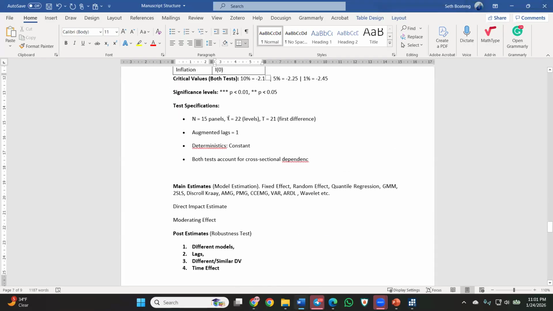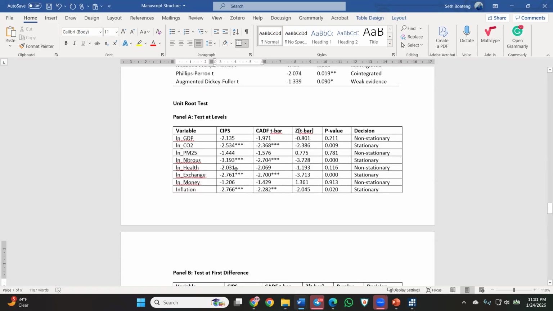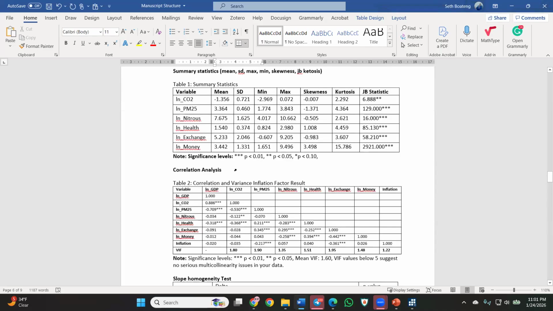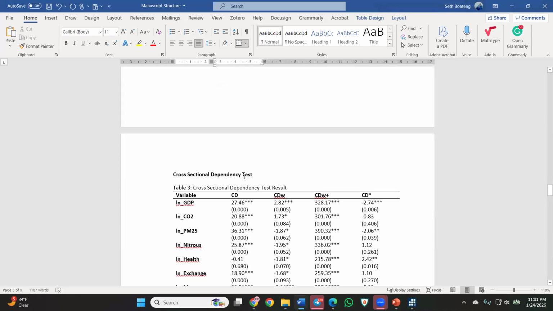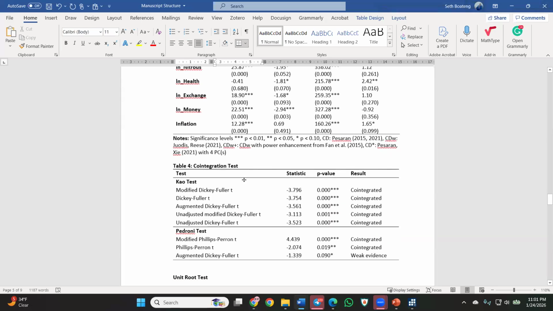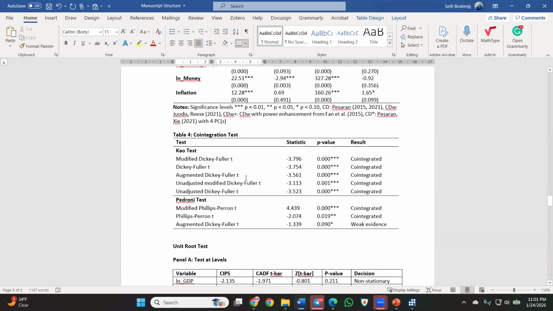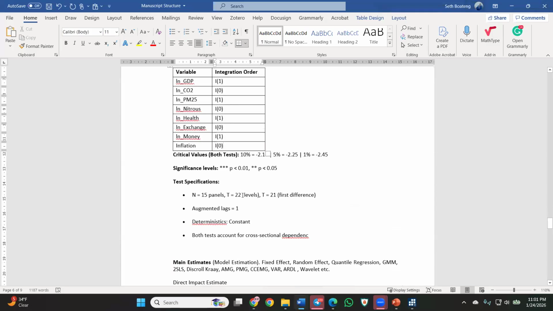So all these influence the choice of model. You can't just choose any basic model to run. You have to use a model that accounts for slope homogeneity, cross-sectional dependency, co-integration, and the mixed order.